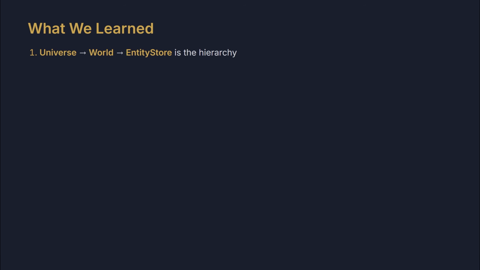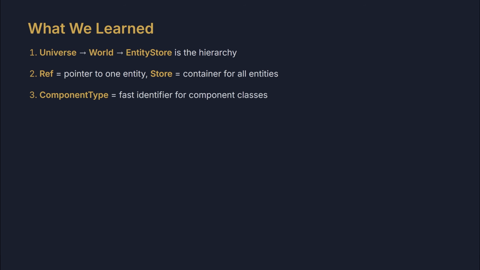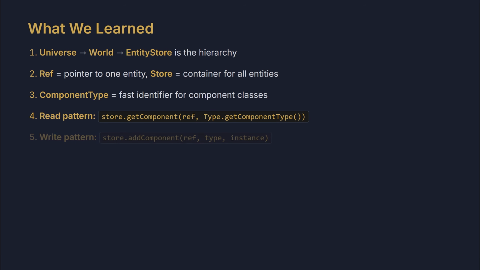So, to close this video, what we learned. We have a universe, we have a world, and we have an entity store. That's the hierarchy. A ref is nothing more than just a pointer to one entity, and the store is the container for all entities. We have a component type, which is a fast identifier for component classes. The read pattern is store get component with the ref and the component type.